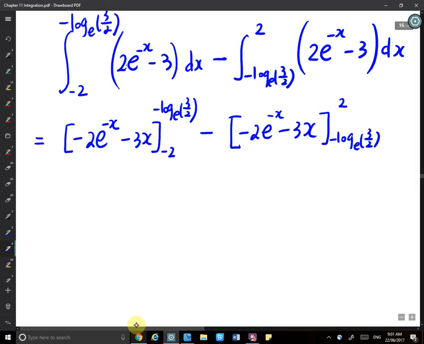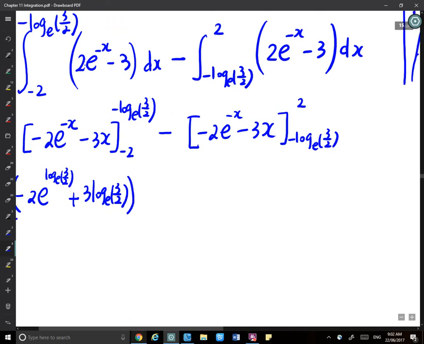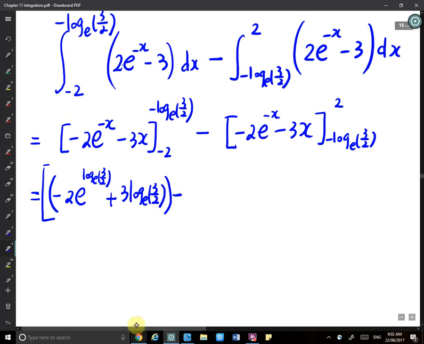Okay, a lot of calculation. That's minus 2e to the power of log e 3 over 2. Minus, like minus minus is a plus, 3 log e 3 over 2. That's the first one. Square bracket. Subtract. When you put minus 2 in, that's minus 2e to the power of 2 plus 6. Bracket.